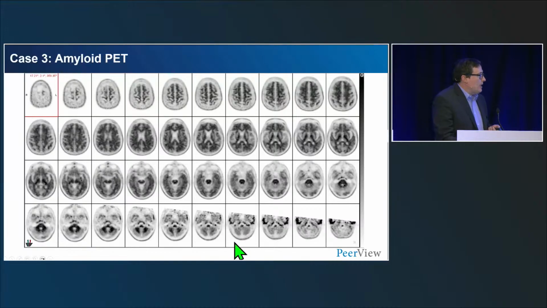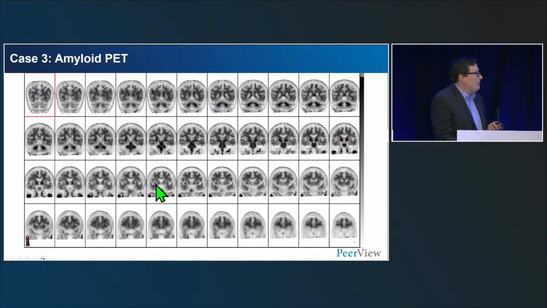I realize you guys are at a bit of a disadvantage the way it's presented. Good gray-white contrast in the cerebellum. Again, this is, I think, a challenging case, and I'm showing these to illustrate how visual and quantitation work. I would argue this patient does have mildly reduced gray-white contrast throughout most of the cerebral cortex.